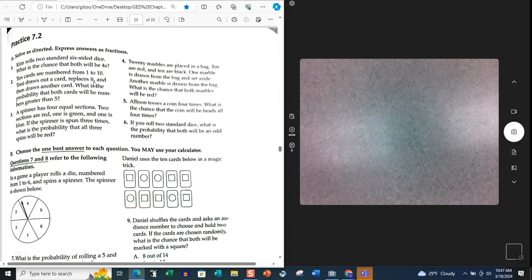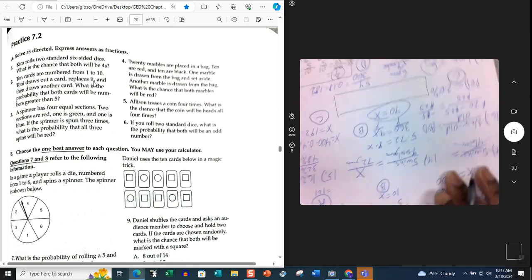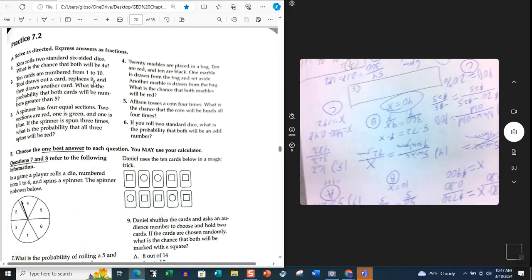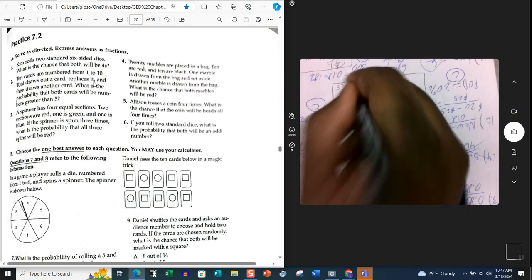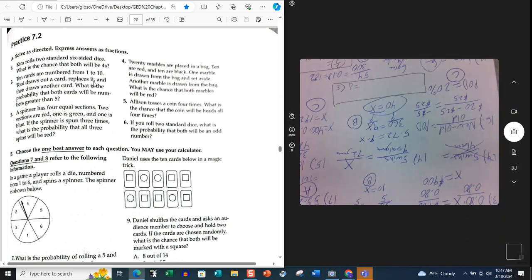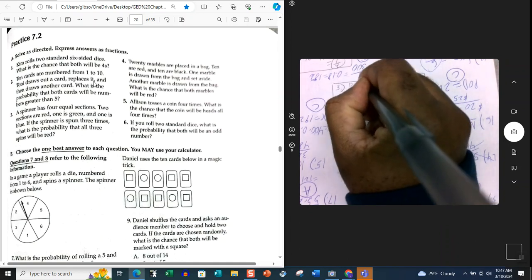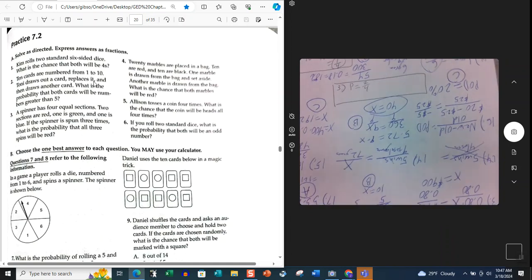So now we have 3 values here. So going here with number 3, they tell us here that it's 4 equal sections. 2 sections are red, 1 is green, and 1 is blue. If the spinner is spun 3 times, what is the probability that all 3 spins will be red? So all of them will have the same probability. Remember, red is 2 out of the 4.